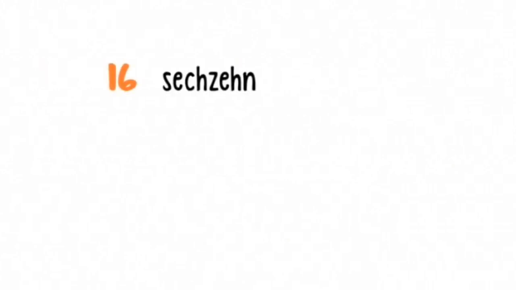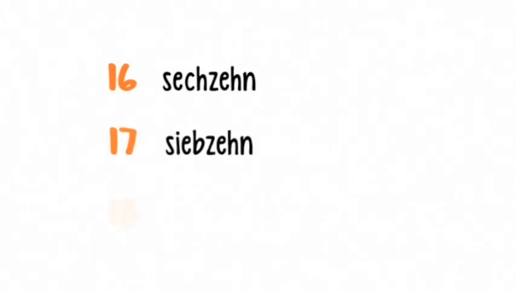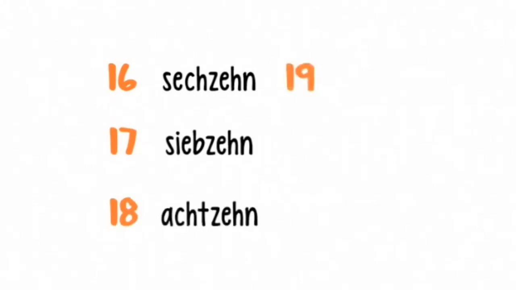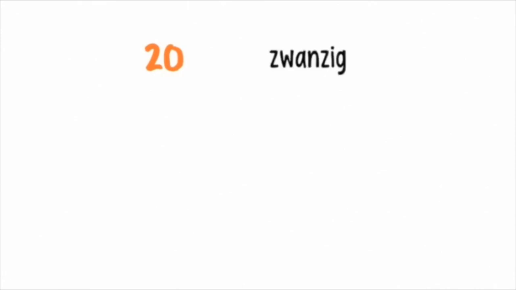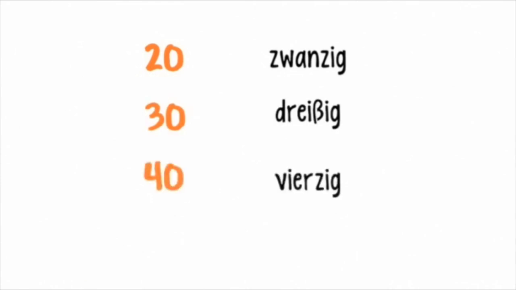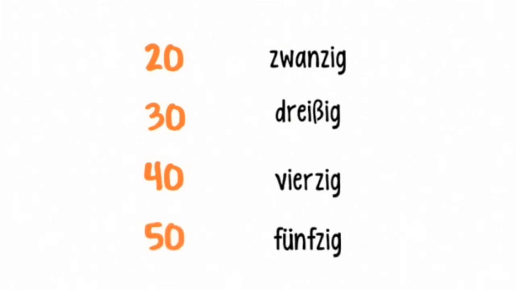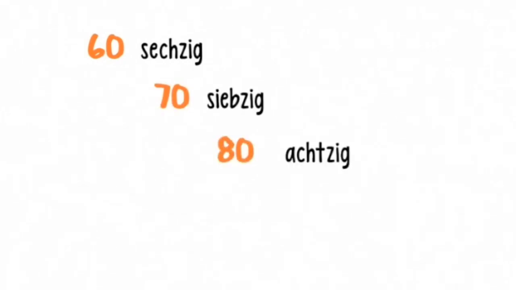16, 17, 18, and 19. 16, 17, 18, 19. Now in German 20, 30, 40, and 50. 20, 30, 40, 50. 60, 70, 80, and 90.